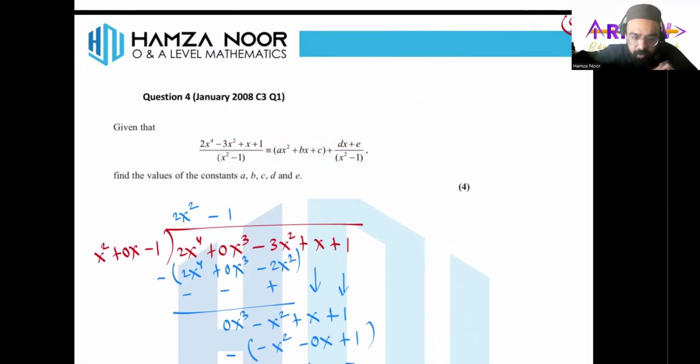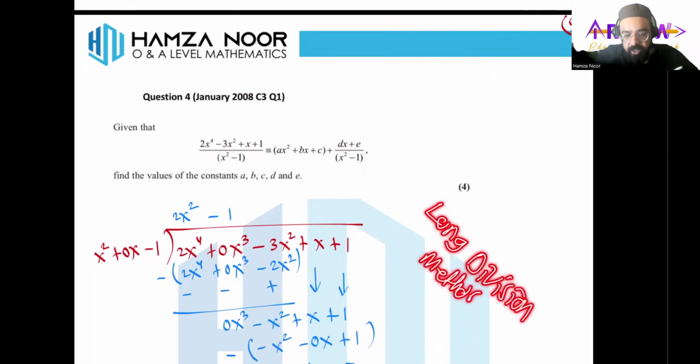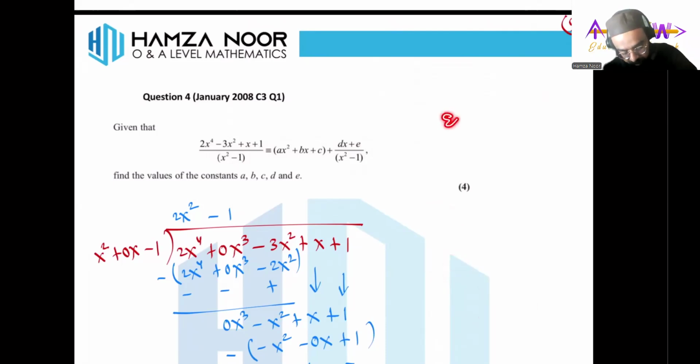Okay, so here you have two approaches. Either you can do it in this way, in which I have done it by using the long division method, or alternatively, you can use the equating the coefficients method as well.